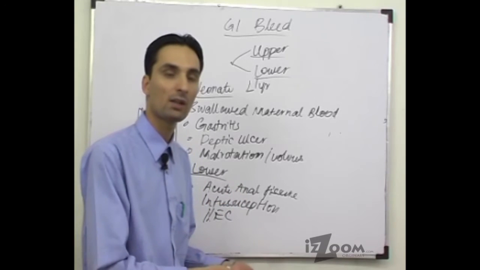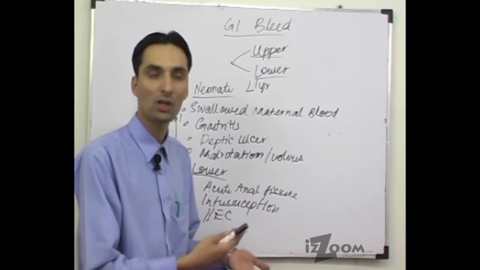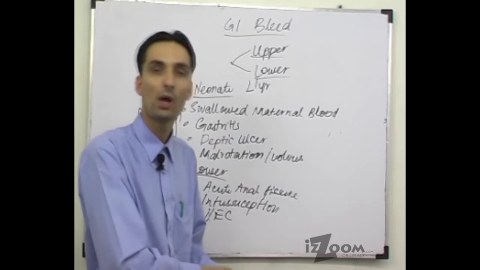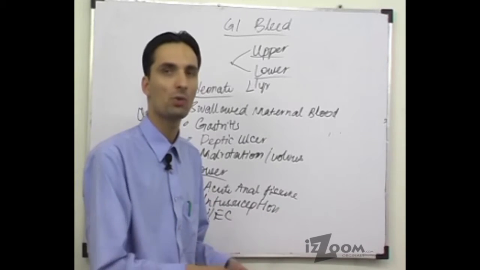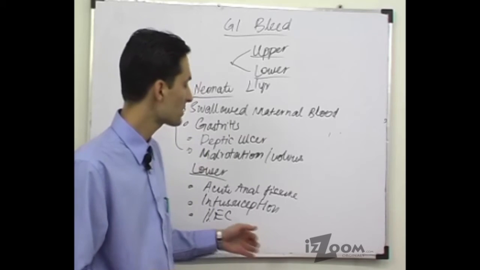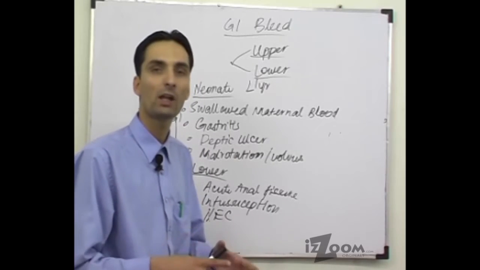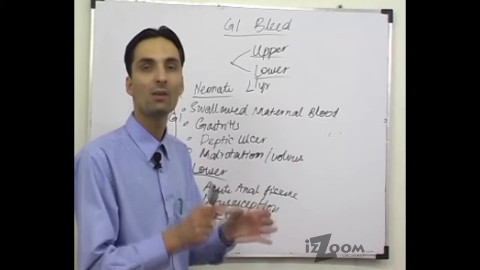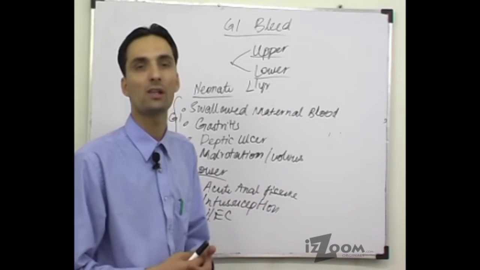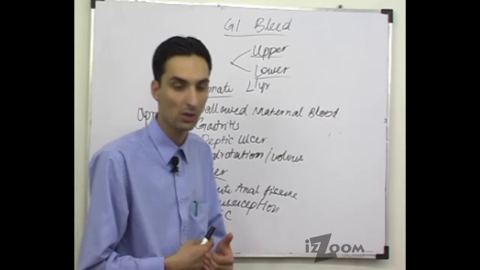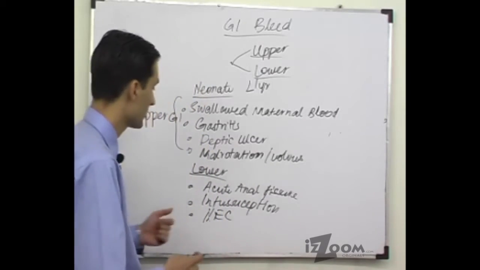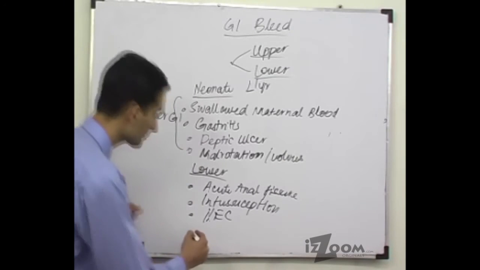You have to suspect that this neonate is premature and susceptible to necrotizing enterocolitis, and when you do an abdominal X-ray, the classical pathognomonic finding will be air within the wall of the intestine, called pneumatosis intestinalis, which will pretty much confirm the diagnosis, and the treatment is surgical.